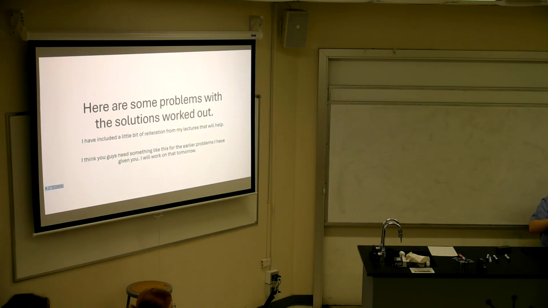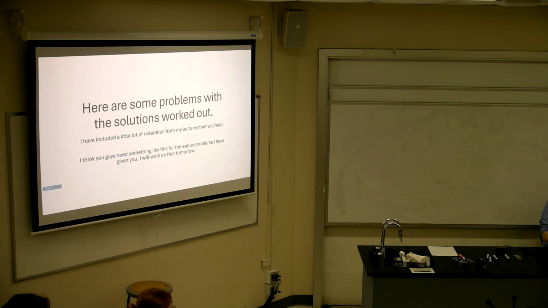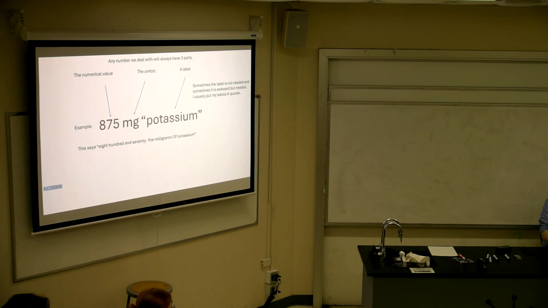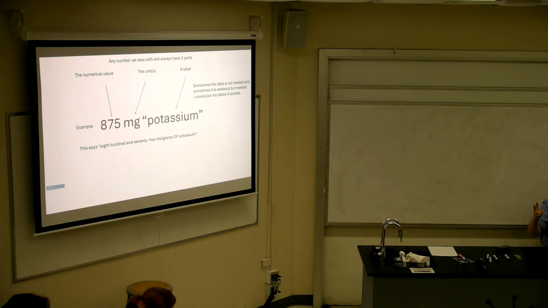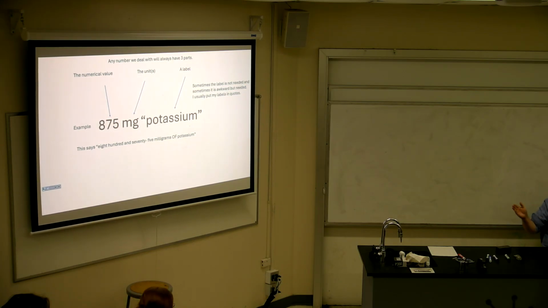But did you guys read this? Did it help? I hope it helped draw some ideas together. I'll go through it, and maybe me going through it will. But virtually every number we have, like the 875 on the left there, I call that the numerical value.